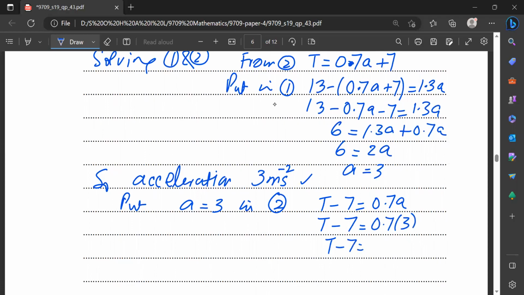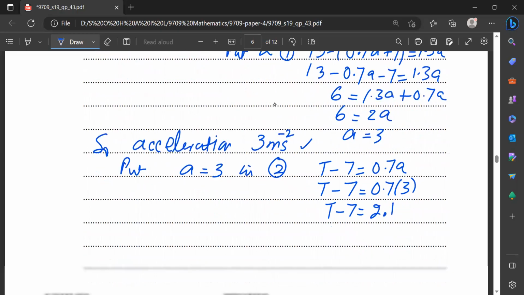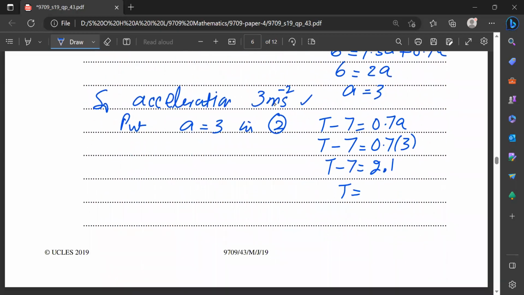T minus 7 equals 2.1, and T equals 9.1. So the answer is the tension in the string is 9.1 newtons.